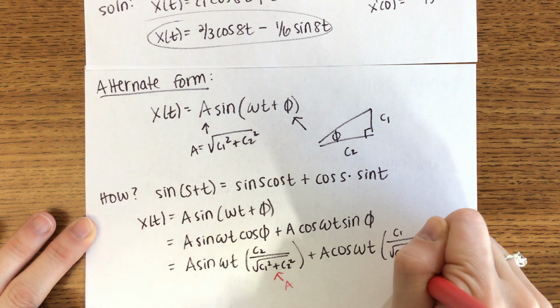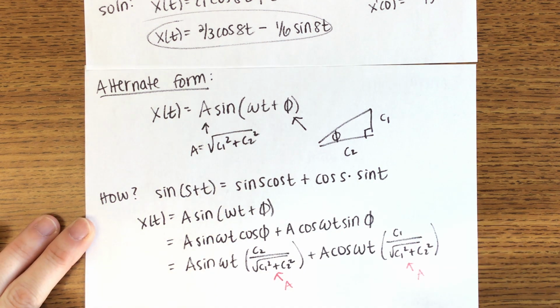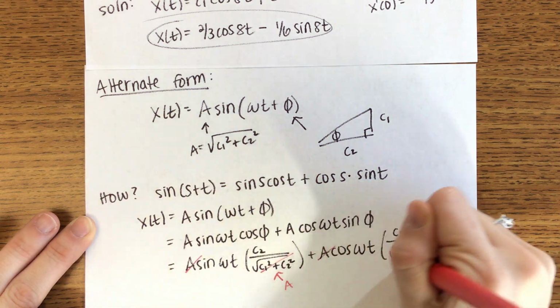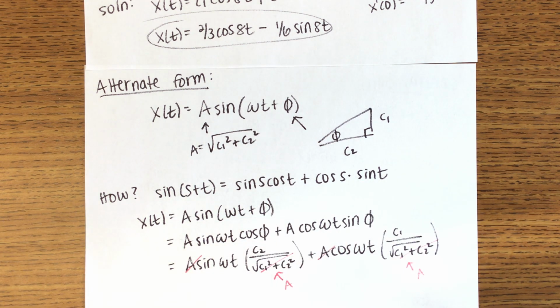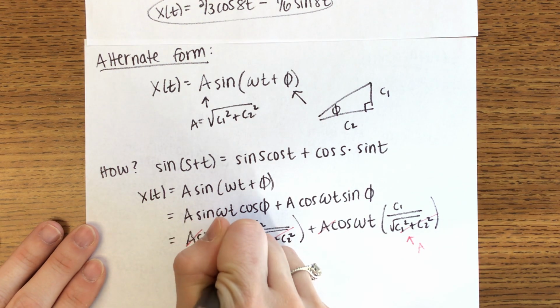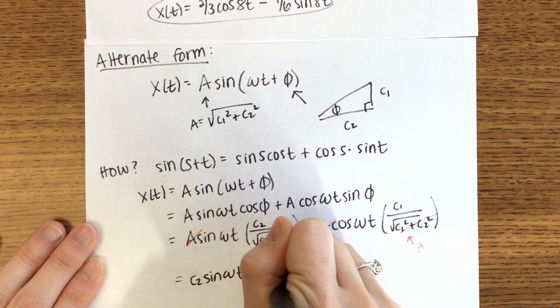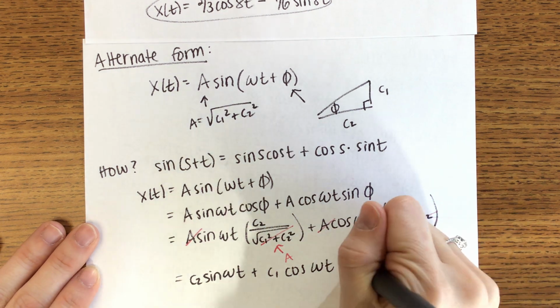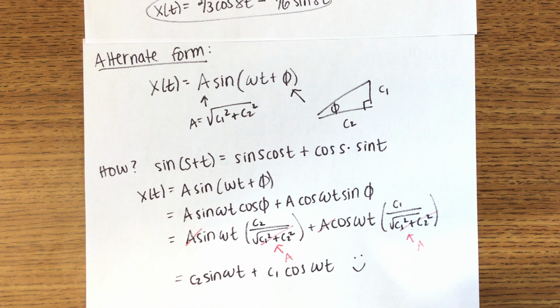This denominator we should notice is A. So this A will cancel the denominator, and this A will cancel that denominator. So we end up getting c2 sine of omega t plus c1 cosine of omega t, which is what we wanted.